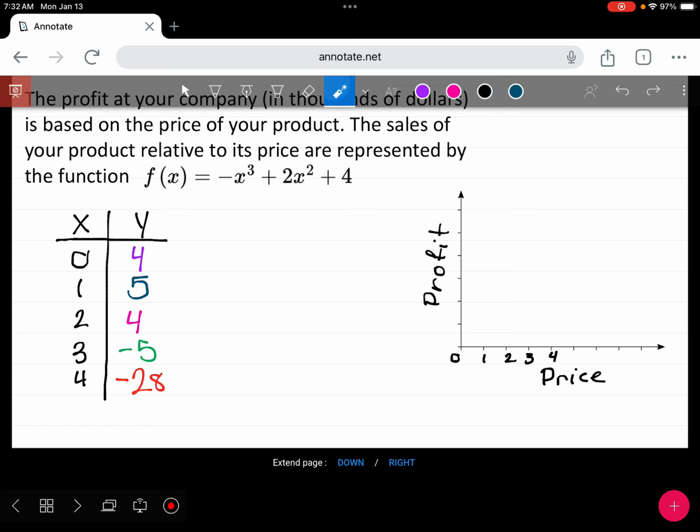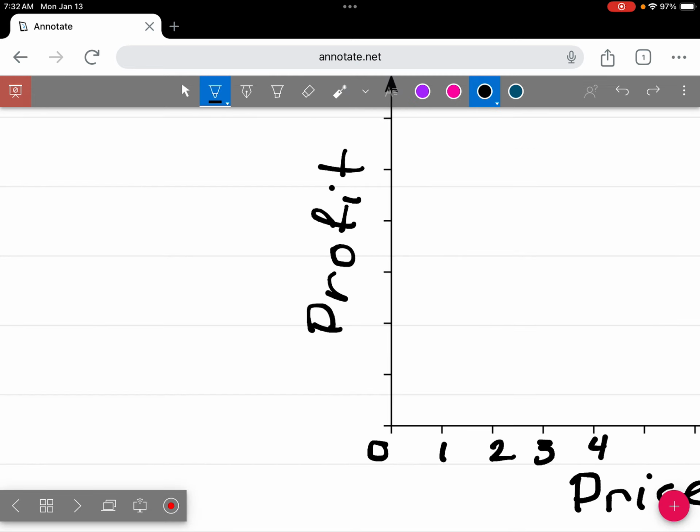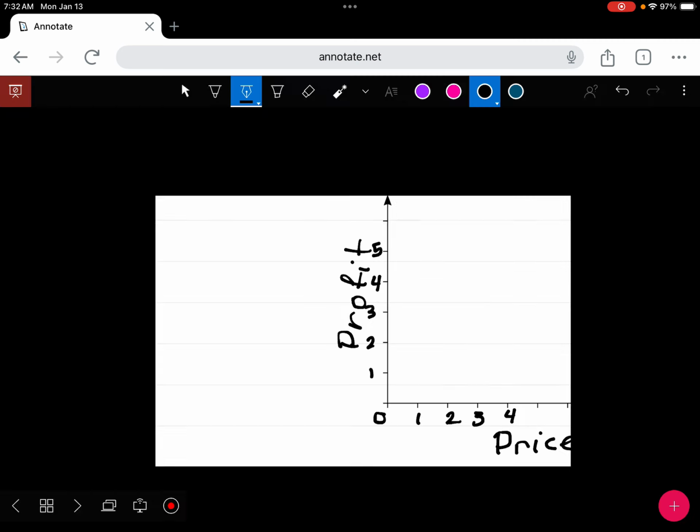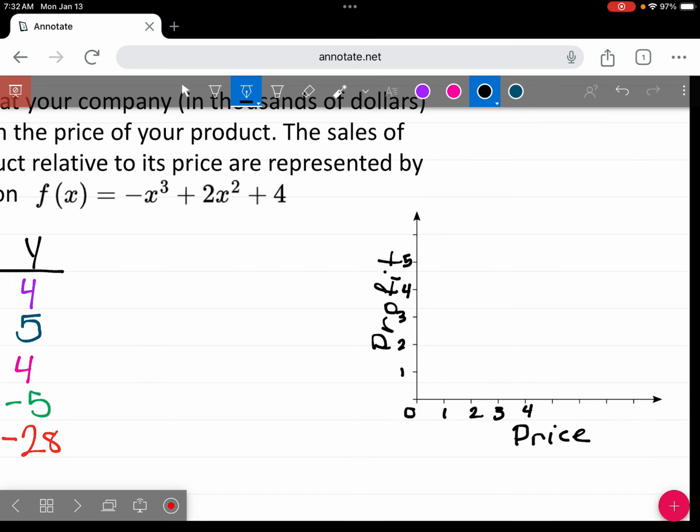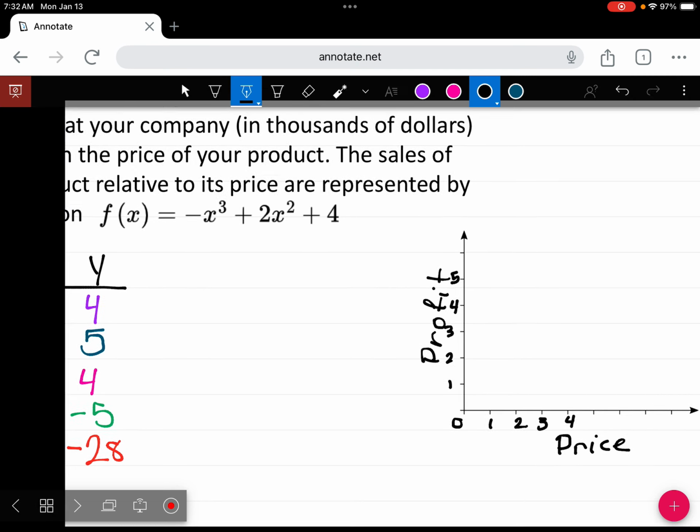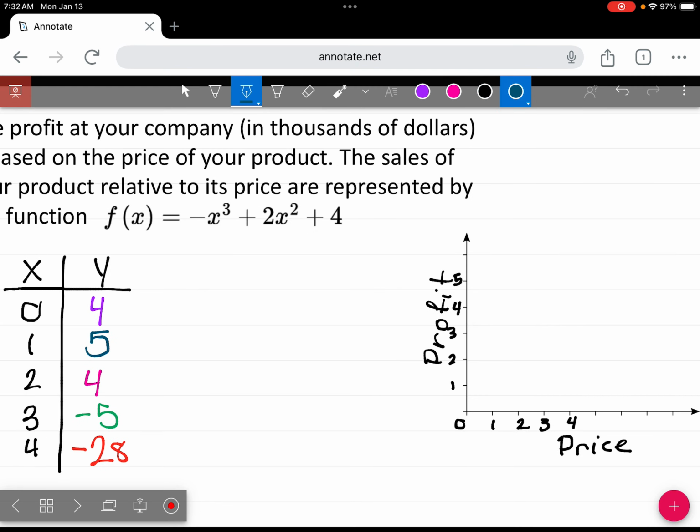So we have 4, 5, 4, and then a bunch of negative stuff. So I'm just going to count by ones over here. 1, 2, that is the wrong pen. 1, 2, 3, 4, and 5. Just to not make things too complicated. So we're going to have our 0, 4.